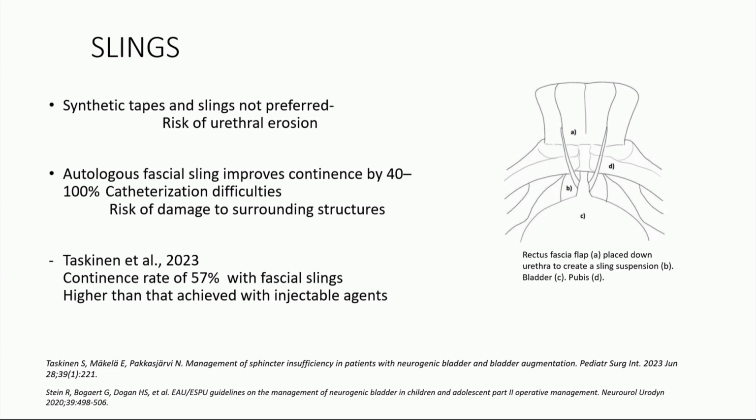The most recent and extensive review, conducted in 2023 by Teskin et al., compared the efficacy of the bladder neck procedures in the augmented bladder patients, and reported a continence rate of 57%, which is higher than that achieved with the injectables, but lower than that with the bladder neck procedures or closures.